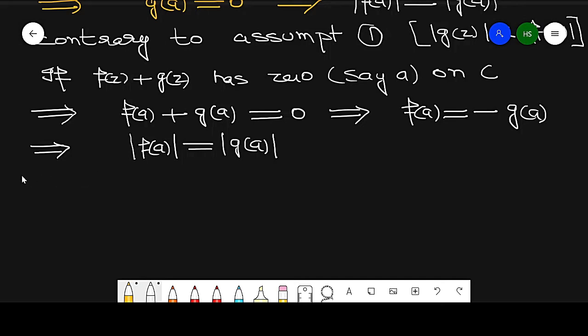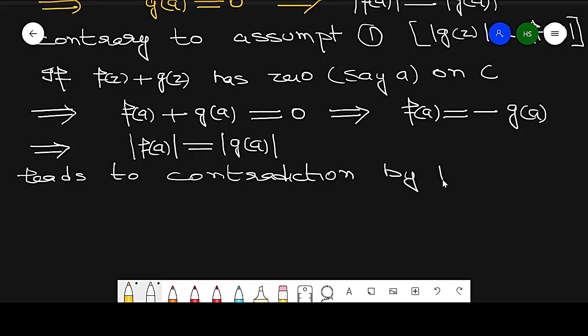Again it leads to a contradiction by equation number 1, right? Because in that case modulus of g is less than modulus of f.